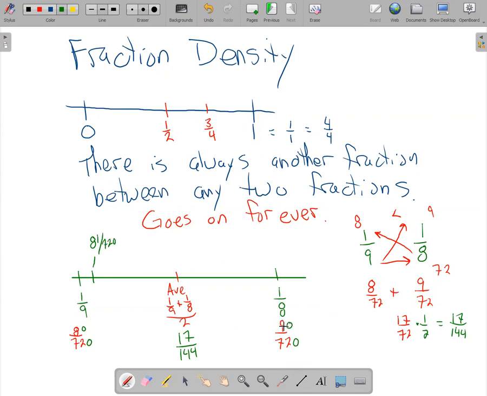Just under 90 would be 89. So somewhere around here-ish, that number should be about 89/720. And right next to it, right around here, is going to be 88/720. So I'm going to end up finding 9 different numbers in there. Why 9, not 10?